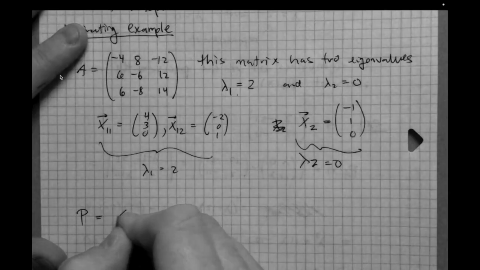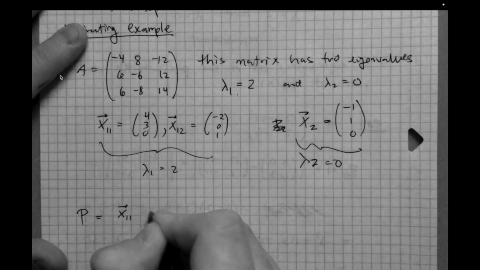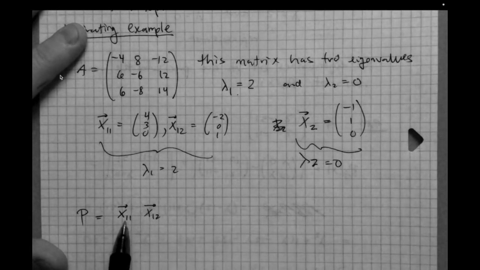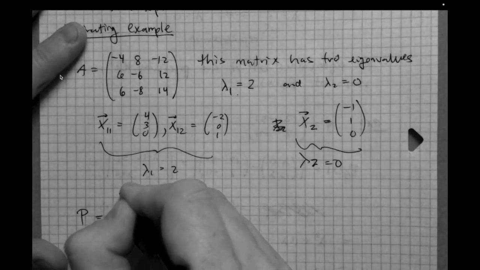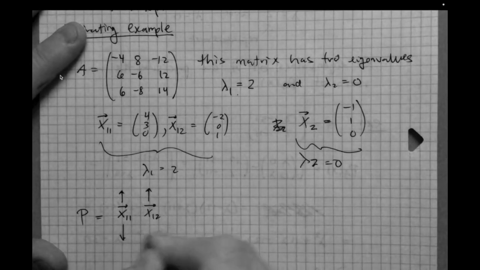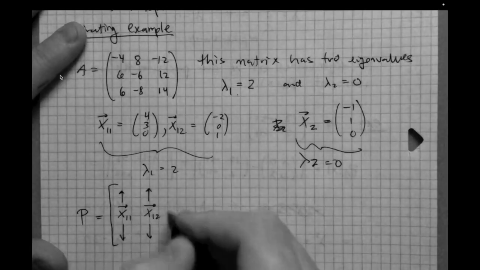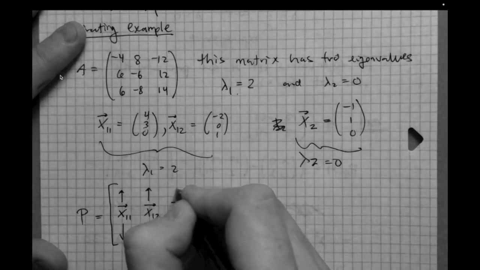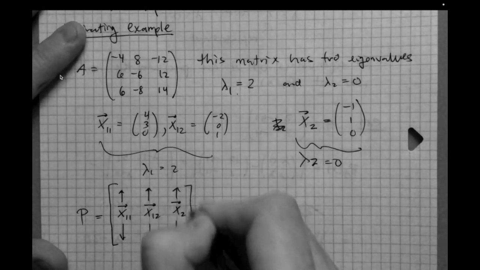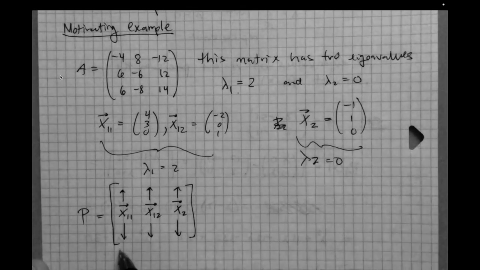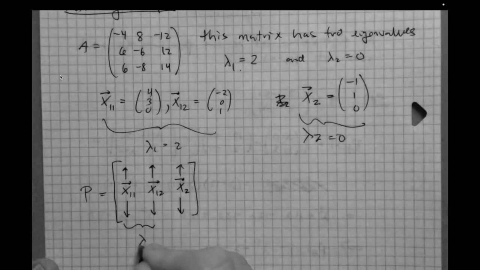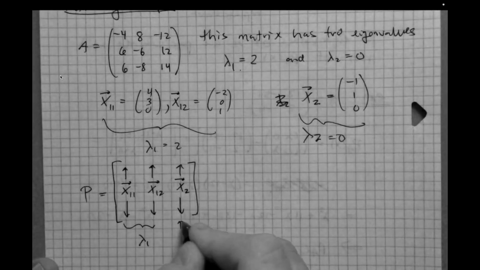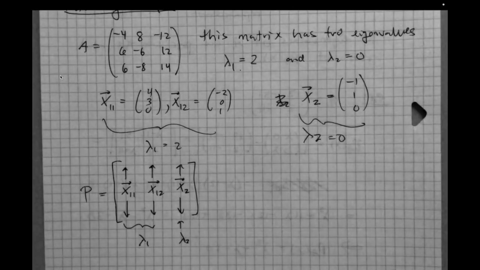And so our matrix P is going to be x11, x12. Those are the two eigenvectors corresponding to λ1, and they are going to be the first two columns of P. And then the last column is going to be x2, the eigenvector for λ2.